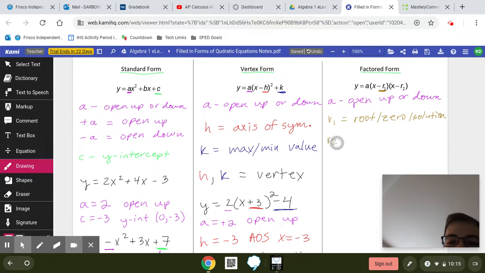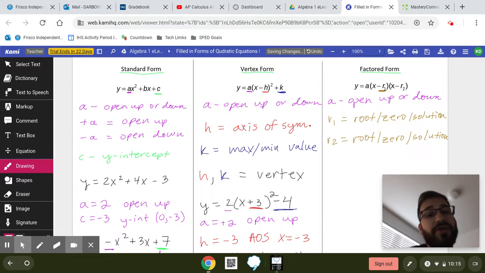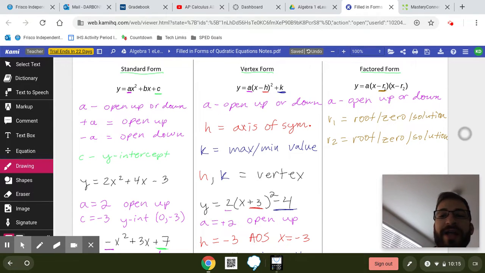And r2 also stands for our root, zero, solution. Okay. So they're each two individual roots. Just like h, we're going to switch the value when we actually solve it out.